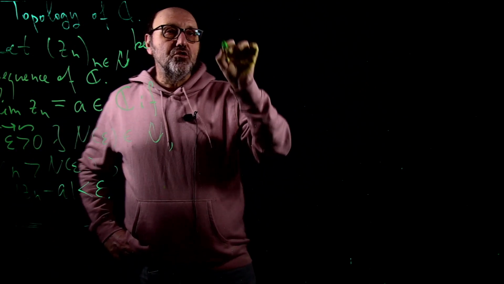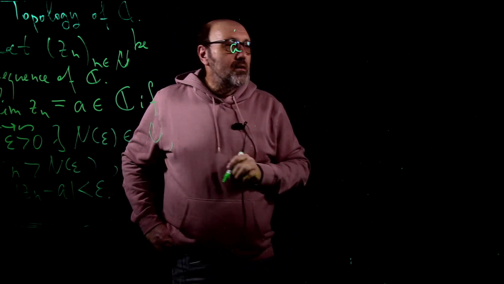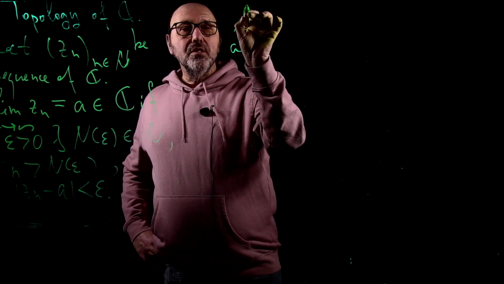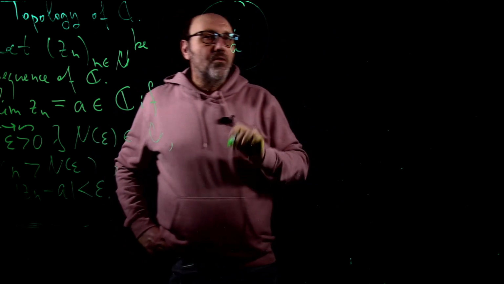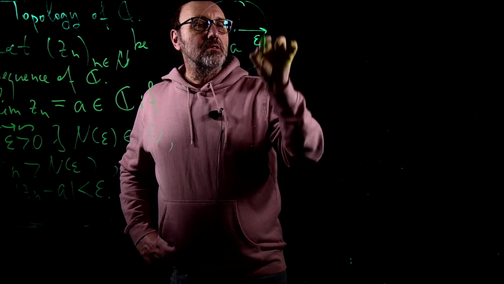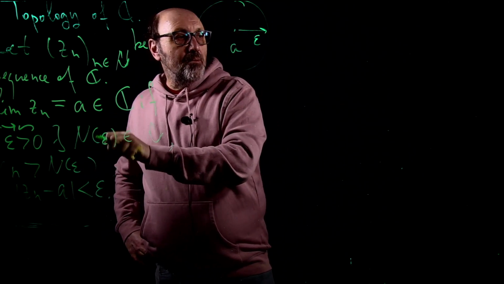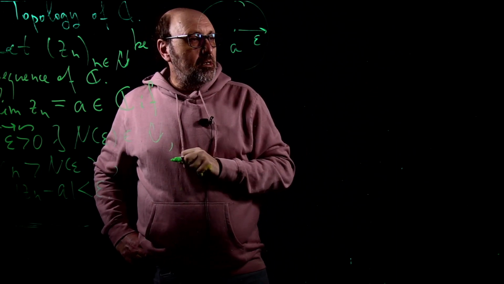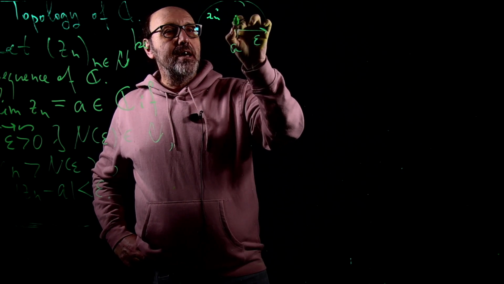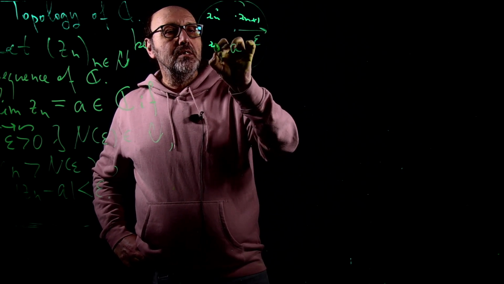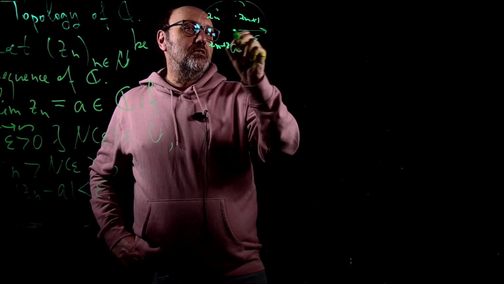So this means geometrically that if you consider the point A on the plane, and if you consider any disk of radius epsilon centered at A, then there exists some number N dependent on the chosen radius, such that all points Z(N+1), Z(N+2) are contained in this disk.